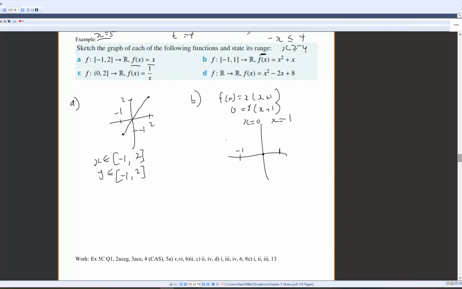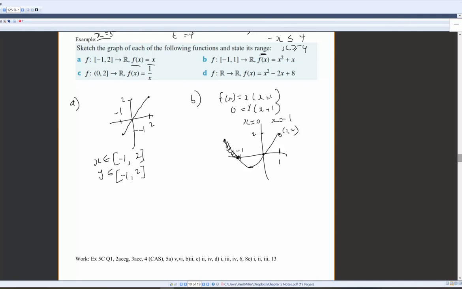What it's going to do is go like this, up to there, and chop there. Now, how to sketch this? When I put 1 into this function, it's going to be 2, so that's the point 1 comma 2.